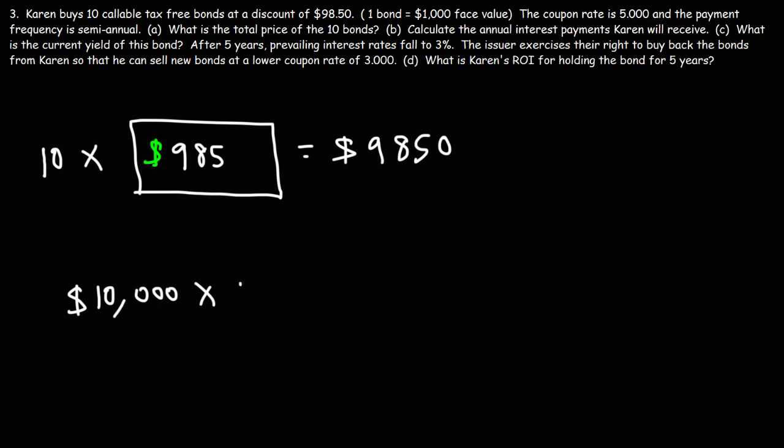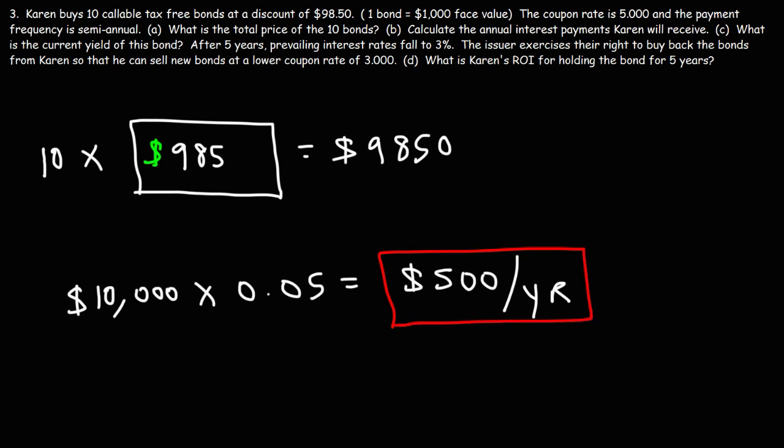So we're going to multiply this by 0.05. 5% of 10,000 is $500. So that's how much money that whoever the issuer is going to be paying Karen. Karen's going to receive $500 in interest payments each year, or $250 in semi-annual payments. So that's it for part B.